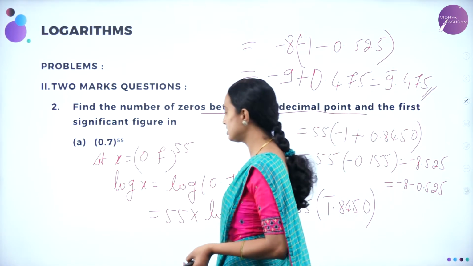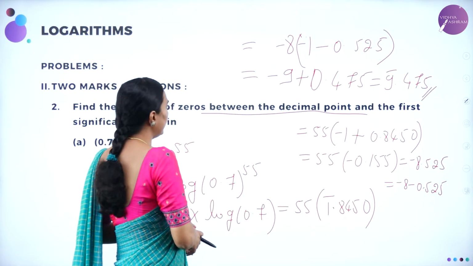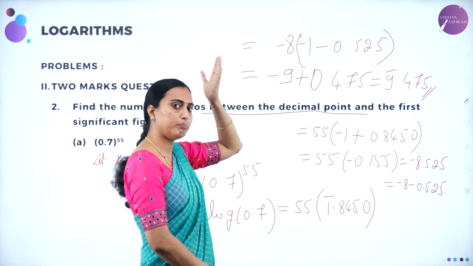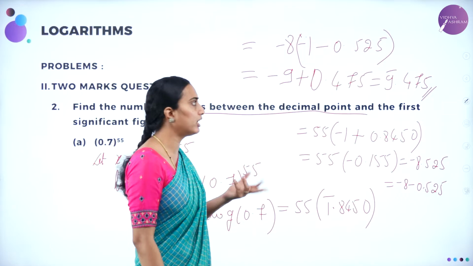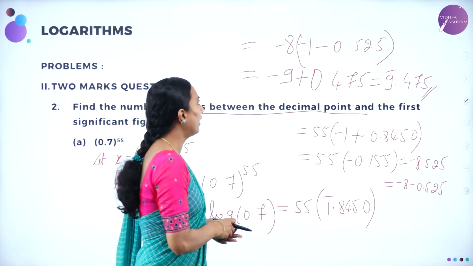That is your answer. Here, because I need to get the characteristic, that means the characteristic of minus 8 minus 1. Back I have to go. Minus 8 minus 1 is minus 9. Again I have to minus from this. Minus into minus will become plus 1 characteristic.